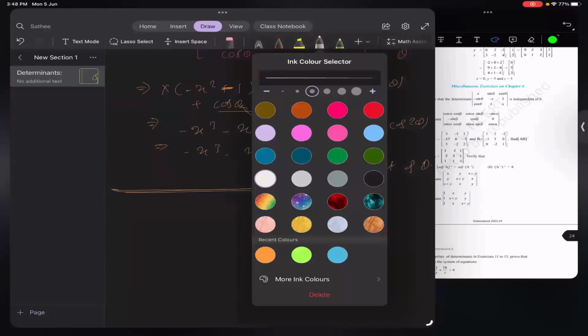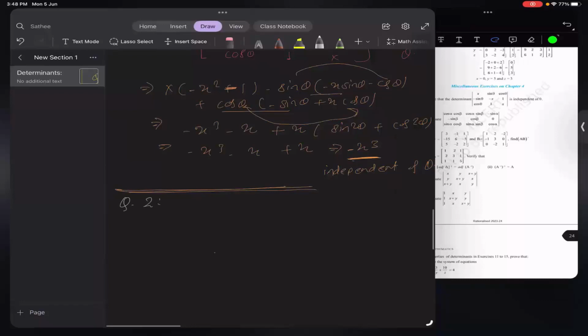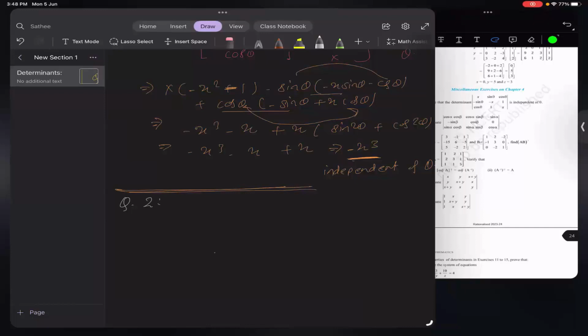So if we move to our next question, question number 2, you have to evaluate this determinant. So this is cos alpha cos beta, and this is cos alpha sin beta. This is minus sin alpha, and this is minus sin beta, cos beta, 0, sin alpha sin beta, and this is sin alpha sin beta.